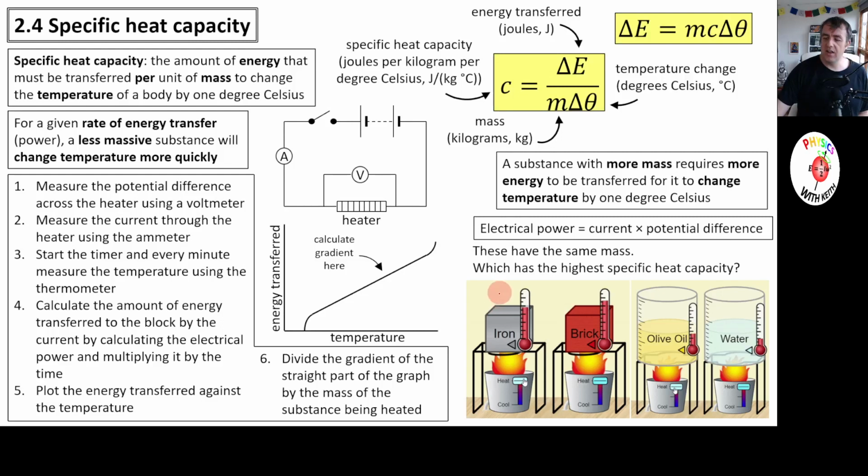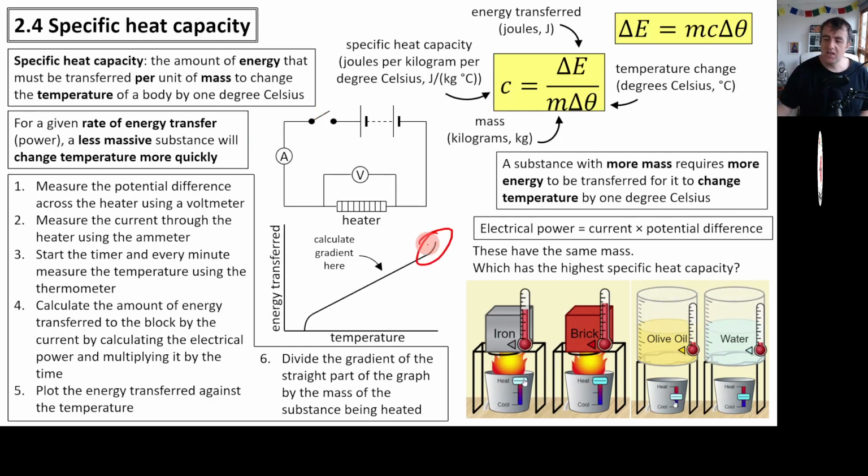Well, for a start, if our heater is in the iron block here and the thermometer is next to it, it's going to take some time for the energy to conduct to where the thermometer is. So that explains the delay at the start of the graph. It takes some time for the heater temperature to increase, and it takes some time for the energy to conduct from the heater to the block where the thermometer is.